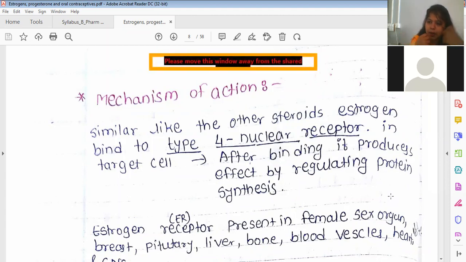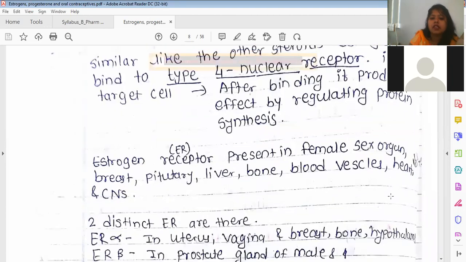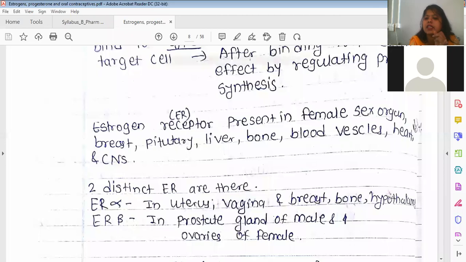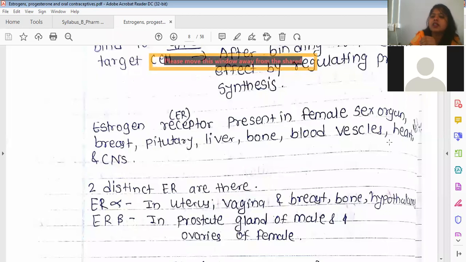म्हणजे इस्ट्रोजन आपल्या बॉडीतलं जातं, न्यूक्लियर रिसेप्टरला बाइंड होतं, and then it will cause nuclear changes, and those nuclear changes are responsible for regulating proteins. मग आपल्या बॉडीच्या डेव्हलपमेंट साठी जे प्रोटीन्सची गरज आहे ते प्रोटीन सिंथेसिस करतं इस्ट्रोजन. क्लिअर? That estrogen receptor is present in the female sex organs like breast, pituitary, liver, bone and the blood vessels, heart and the CNS.